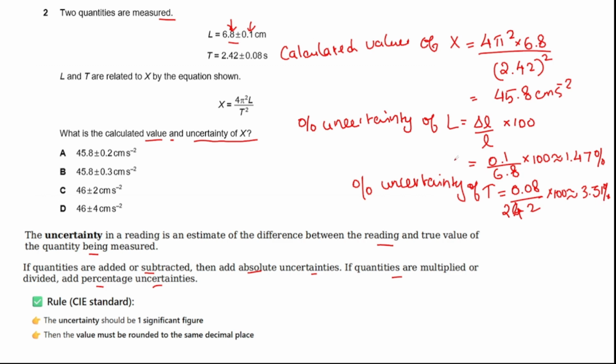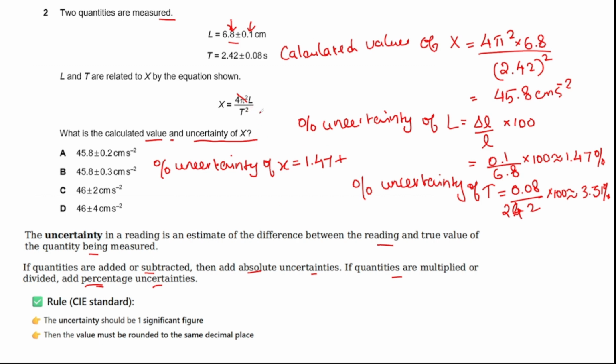Here you need to find the total uncertainty. 4 pi squared doesn't have any uncertainty, but the percentage uncertainty of X will be 1.47 plus the percentage uncertainties of T, added.